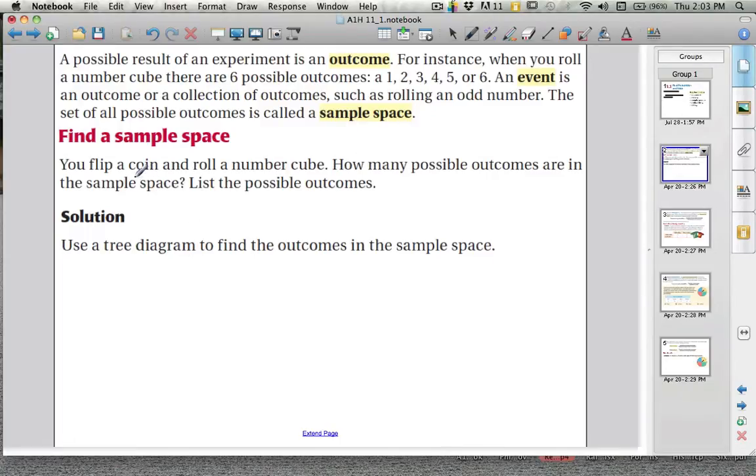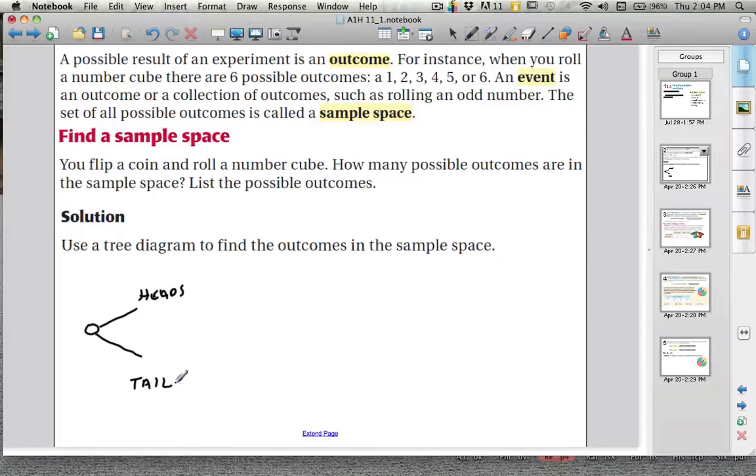So if we wanted to look at defining a sample space, if I were to flip a coin and then roll a number cube, how many possible outcomes are in the sample space? We want to list all the possible outcomes. And one of the ways that we might go about this is we might use a tree diagram. So for starts, we're going to flip the coin. And that could come out heads, or it could come out tails.